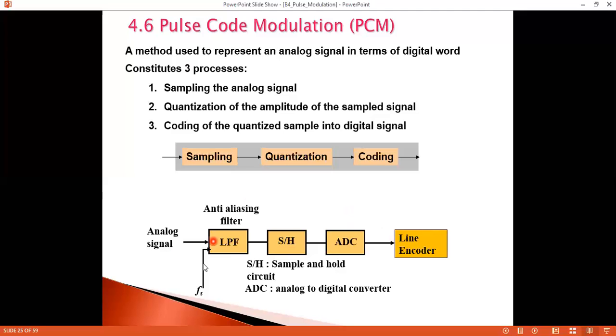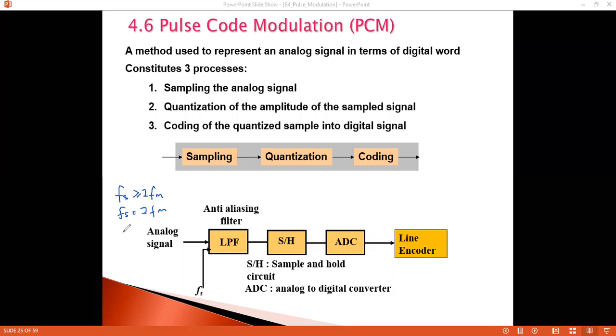Here, what is the purpose of the anti-aliasing filter? Since Fs has to be larger than or equal to 2 FM, the minimum Fs has to be 2 FM.